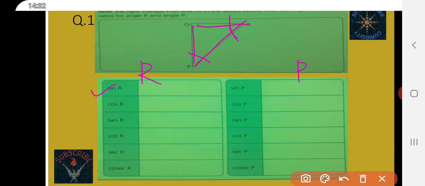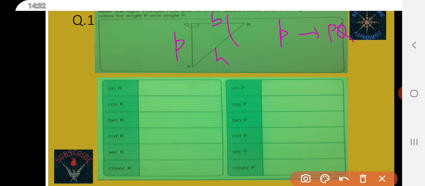As we are taking this angle, P is your PQ, and base is your QR.